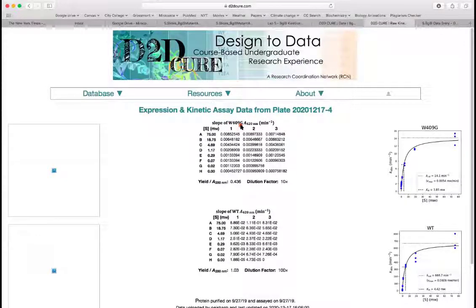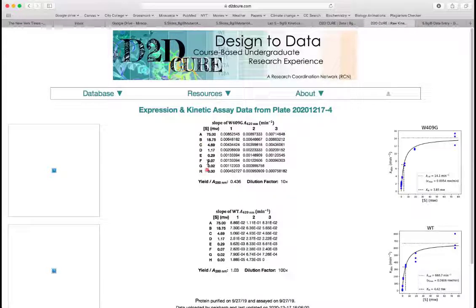Now, every time a mutant is analyzed, it's analyzed in parallel with the wild type enzyme. So to go along with this mutant analysis, there's also analysis of the wild type done in exactly the same way. Note that we're varying substrate concentration. Michaelis-Menten kinetics asks us to vary substrate concentration and look at the reaction velocity at each different substrate concentration.